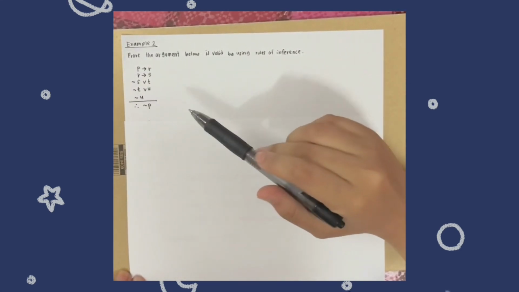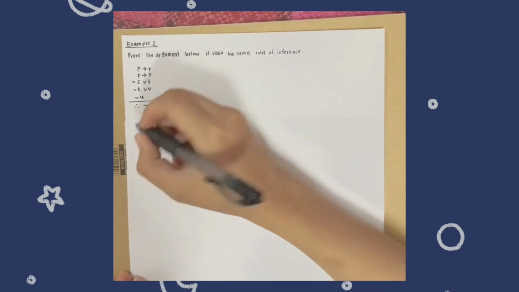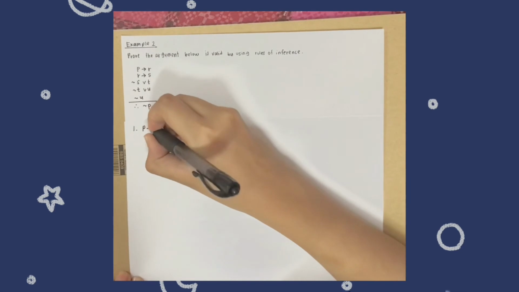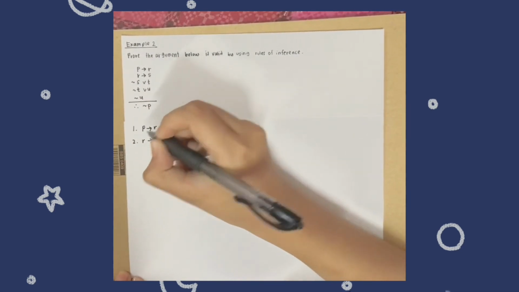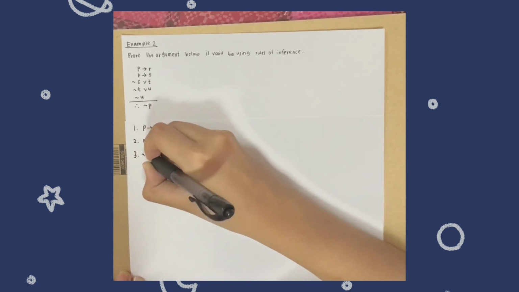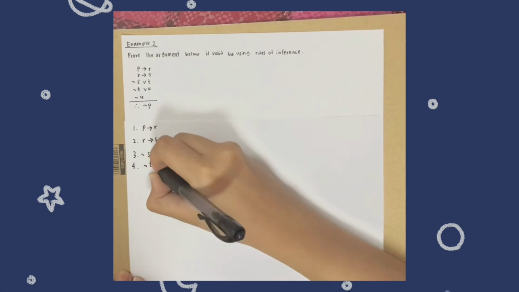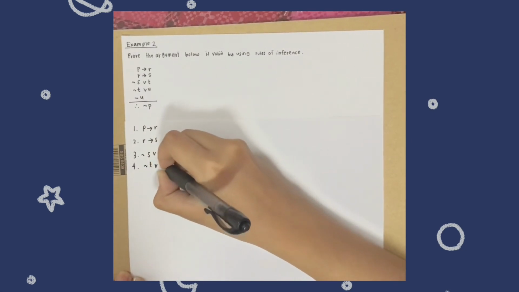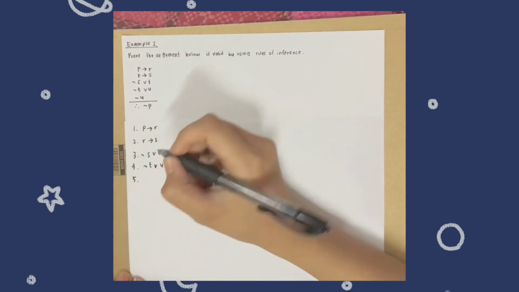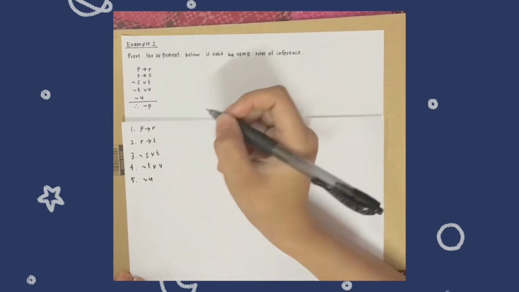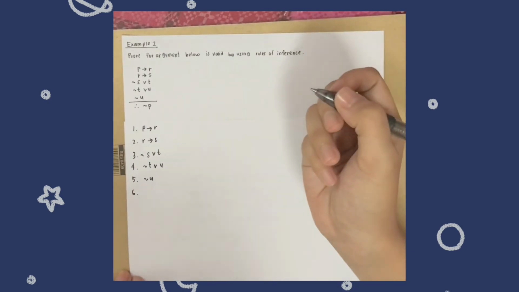How can we get the negation P? So first of all, we need to list all of the premises one by one. Negation S and T for negation T or U. 5. Negation U. Okay, we move to the next premise.